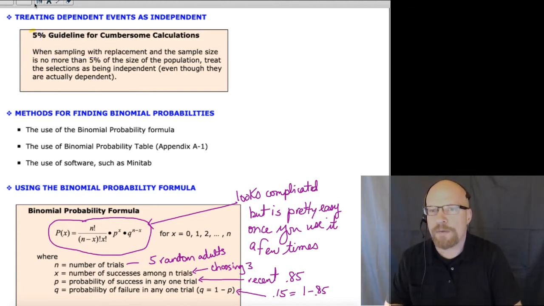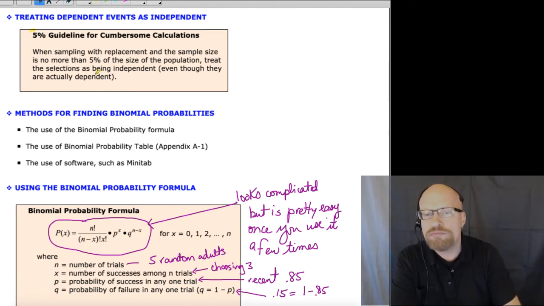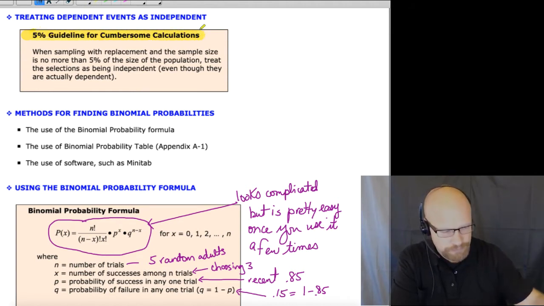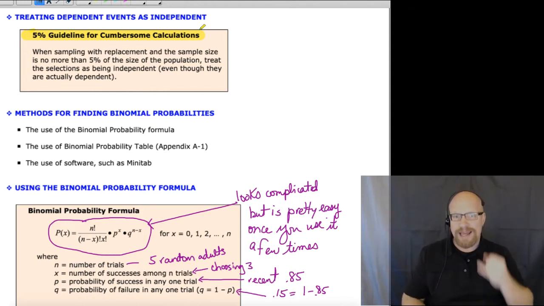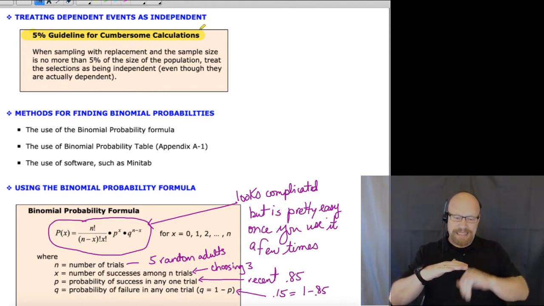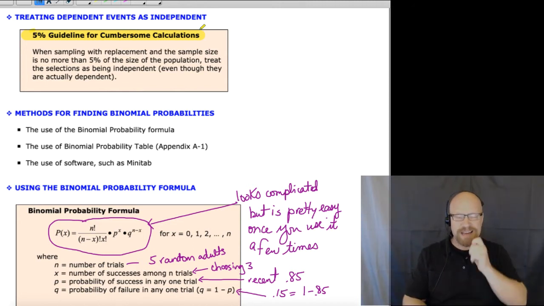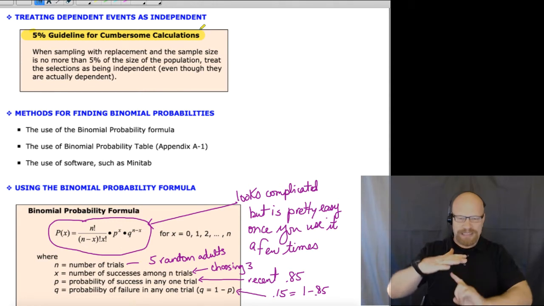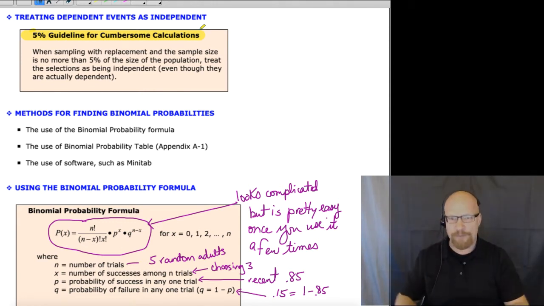Okay. All right. Now, remember, if we have a big enough group, if my sample is less than 5% of the group, I don't need to think about fractions, different denominators going down. Okay?